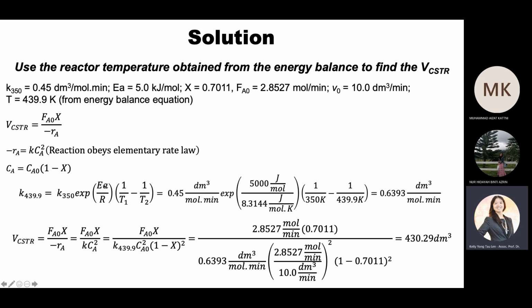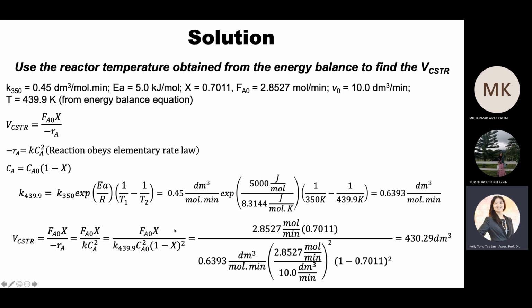Okay, so you will use the Arrhenius equation, K2 equals to K1 exponential EA per R in bracket 1 per T1 minus 1 per T2. Okay, so you will calculate the new K, you akan dapat 0.6393. So means diberi kita K pada suhu yang lain, kita kena cari K baru pada suhu yang kita dah kira.